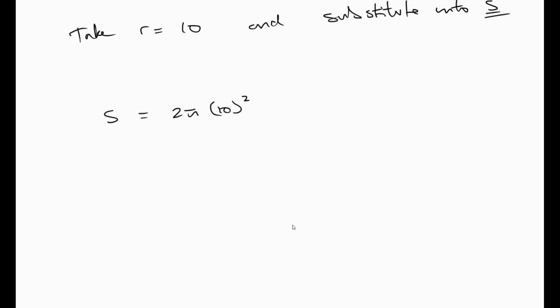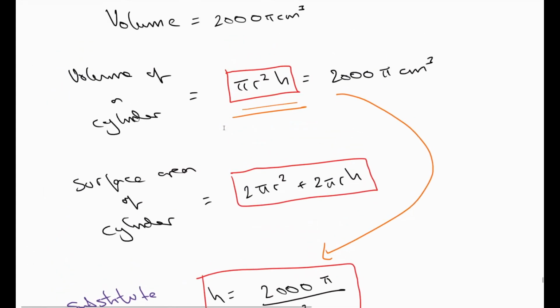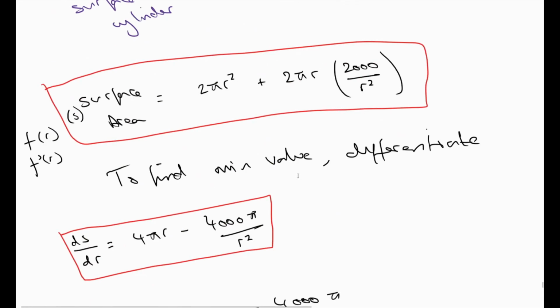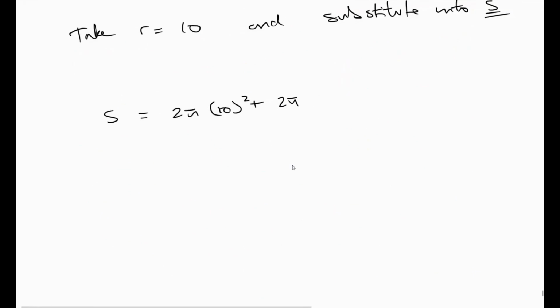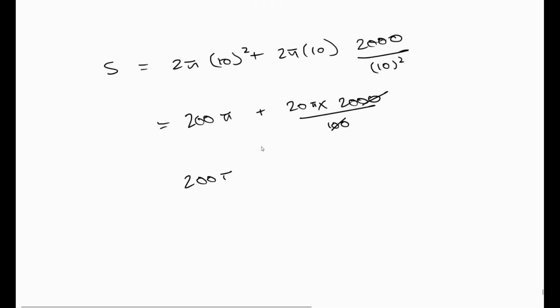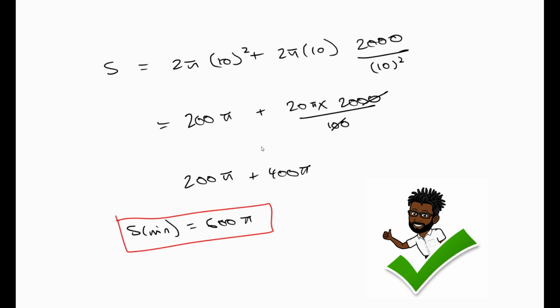So that's going to be 2 pi r squared, which is 2 pi 10 squared, plus 2 pi r times 2000 over r squared, where every r is a 10. And doing the math quickly in my head, that's going to be 600 pi. Yep, 600 pi. Okay, so the minimum area of sheet metal that you require is going to be 600 pi.